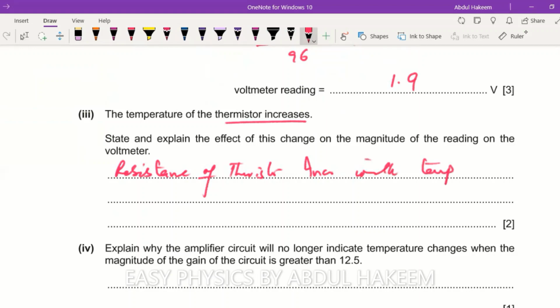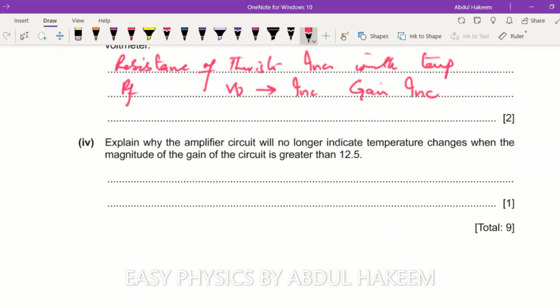When resistance increases, I mean Rf increases, gain increases. Thus, Vout, the output, increases because the gain increases. And the formula is gain is equal to minus Rf over Ri. So Rf increases, gain increases, I mean output increases.